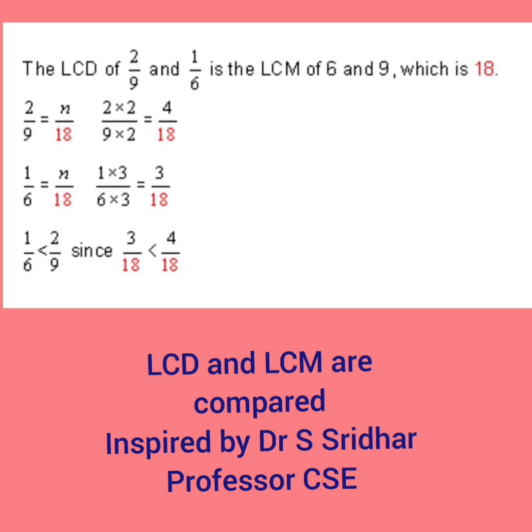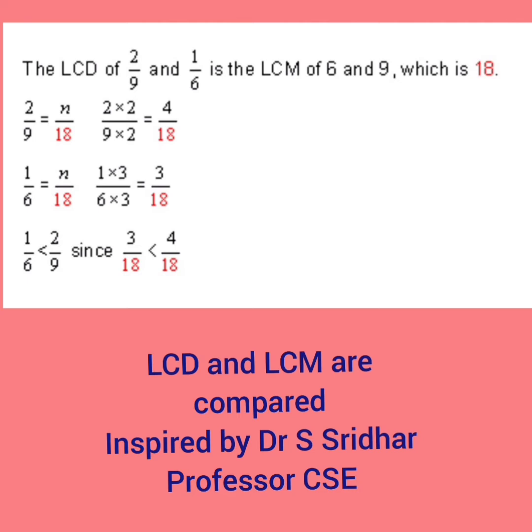So 2 by 9 is equal to n by 18, because the denominator should be 18. From this you can easily find out, as in the previous example, that n is nothing but 4, so 4 by 18. And similarly 1 by 6 is equal to n by 18, where you can find the n value is nothing but 3, as in the case of the previous example.